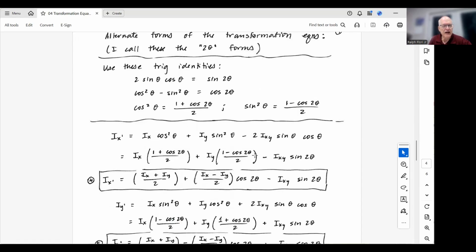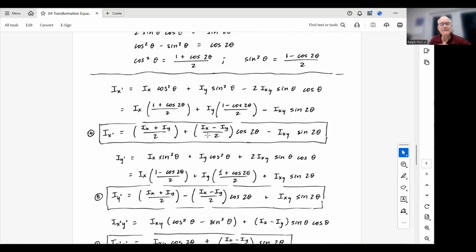And if you gather like terms, you end up with Ix plus Iy over 2, which is I average, plus Ix minus Iy over 2 times cosine 2 theta, and then minus an Ixy sine of 2 theta.